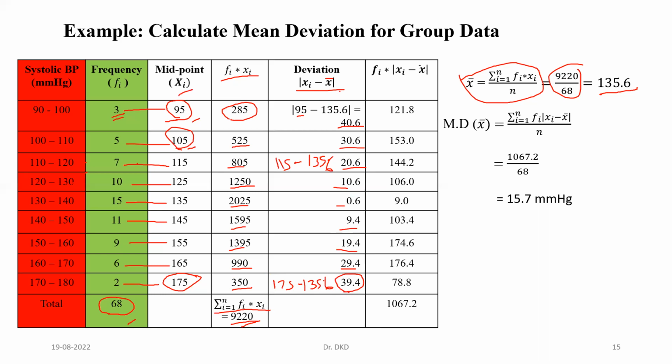Then, because we are going to calculate mean deviation for group data, we take the fi value and the modulus of xi minus x bar, and we multiply them.